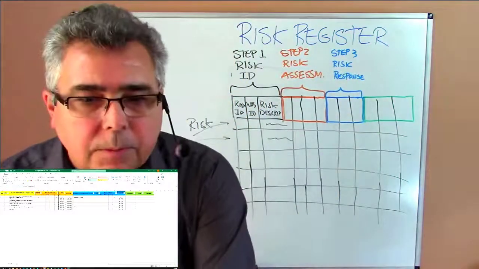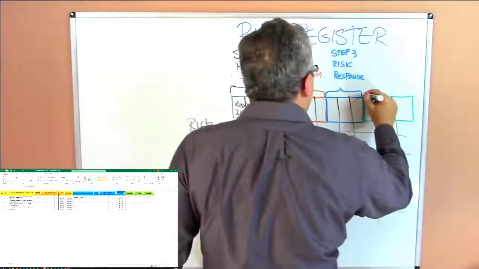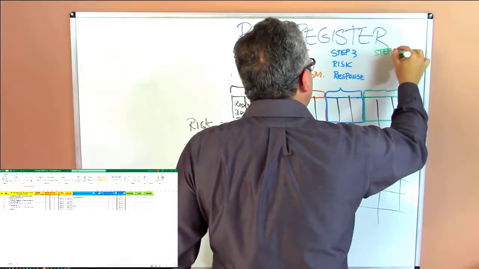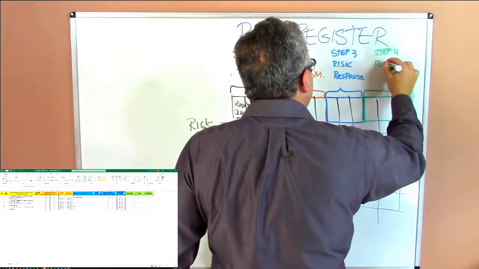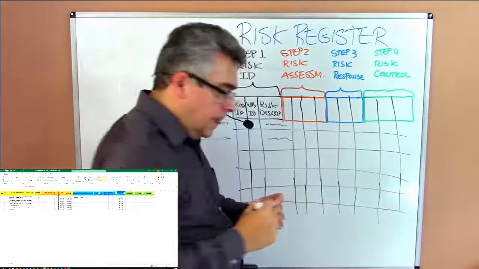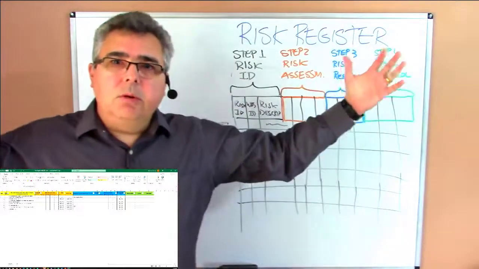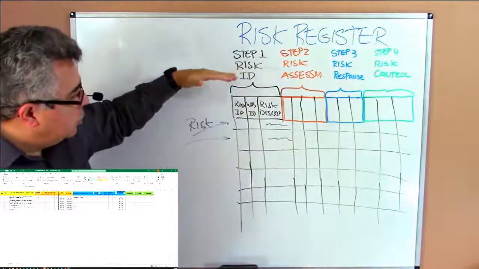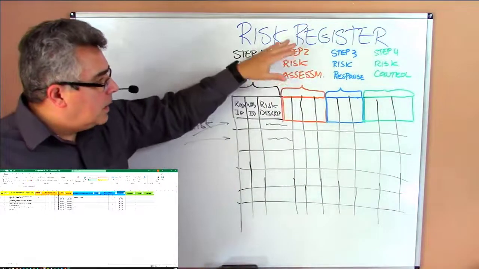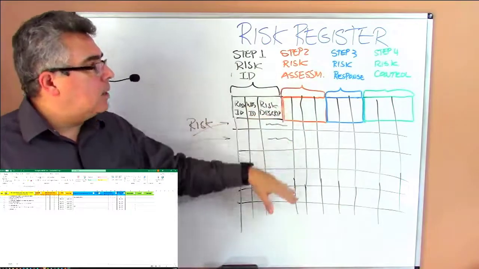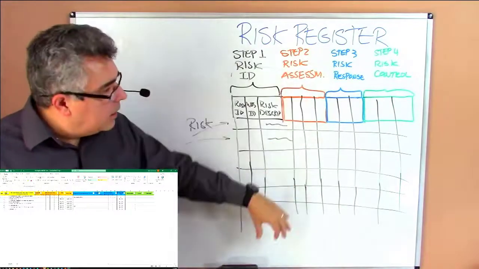And we have step 4, risk control. So the risk register is a table. Usually I use a spreadsheet in which we put the name of the risks, then put some numerical scores for probability and impact in the orange area.